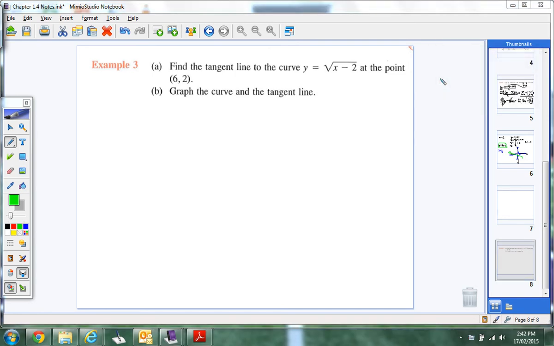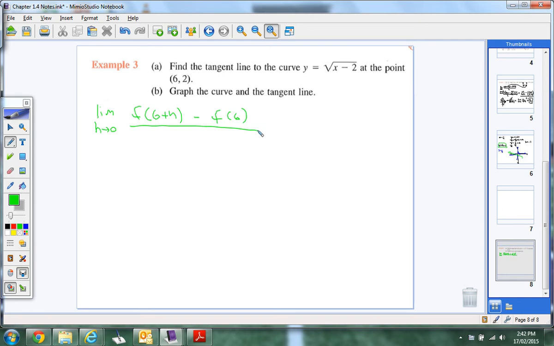Okay, so for mine, I'm going to use the h approaches 0 version. So we're going to have limit h approaches 0, and then we're going to have f of 6 plus h, because 6 is my x, minus f of 6 all over h. Okay, so we plug 6 plus h in just for the x, and then we plug in 6 for the x.